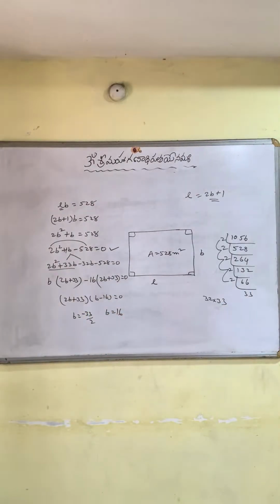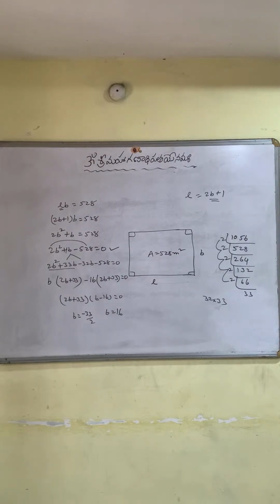Negative 33 by 2 we cannot consider because b means breadth, and breadth will not be in negatives. The dimensions of any rectangle or any square or any object will not be in negative.